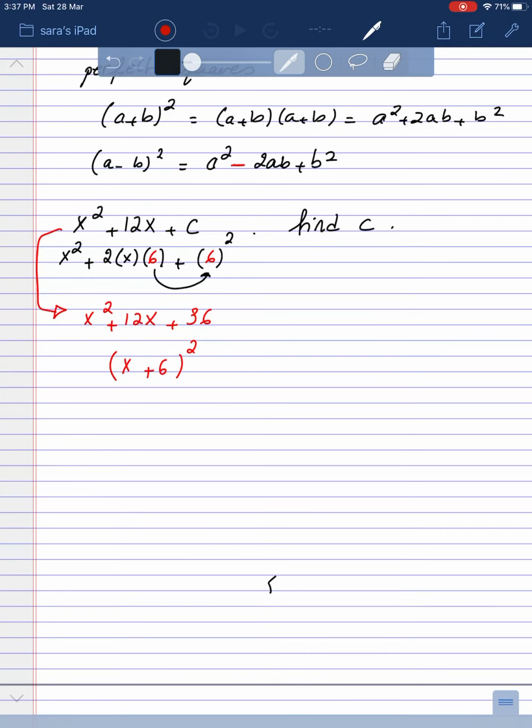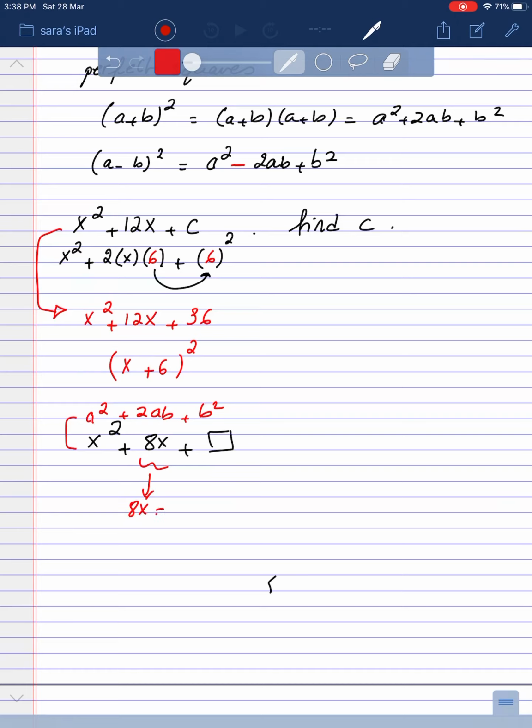Another example for this will be the following. If you have x squared plus, let's say, 8x plus what will be the third term, which means what will be your c if this is written in the form a squared plus 2ab plus b squared. What is the value of your b going to be? So if I want to solve it, I will find that a is equal to x.